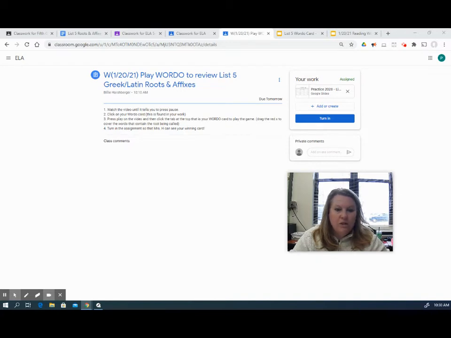Then you're going to either do a split screen so you can watch the video as you play, or you can just open the Wordo card in one tab and the video in the next, come back, play the video, click on the tab with your Wordo card on it, and just play until the video runs out. And you can feel free to pause it if you need more time on a particular root or affix.